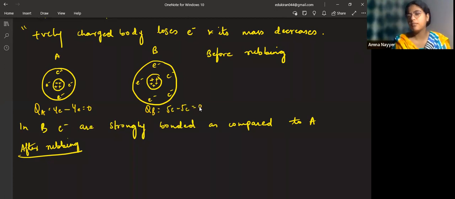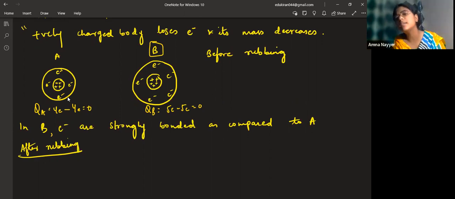Now, one condition I give you: in B, electrons are strongly bonded as compared to A. One was electrostatic force and nuclear forces, which I've told you are strong. But if I compare the two weaker inter-electronic forces, electrostatic forces, one will be weaker.